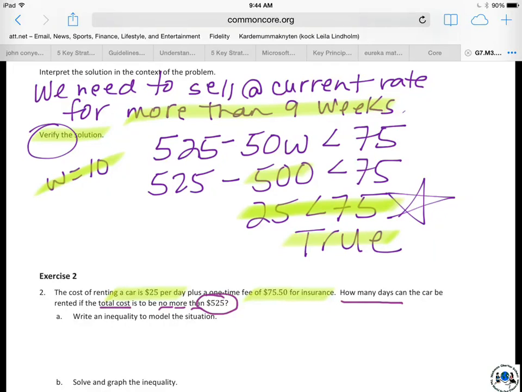No more than. So whatever you put together on the left side of this inequality needs to be no more than 525. Therefore, we're looking at less than or equal to. I'll just give you that little hint this time; I won't be giving you hints in the near future. So go ahead, write an inequality, solve and graph that inequality, and interpret the solution, and come on back.